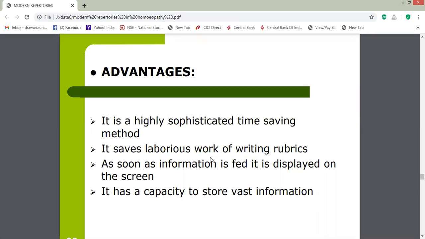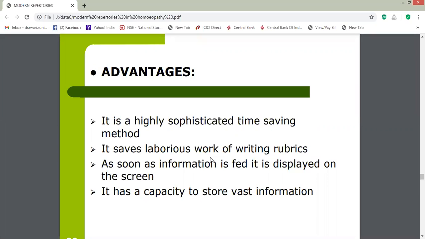So they act like an expert, and we can easily reach the final result after the repertorization. So it is called an expert system.